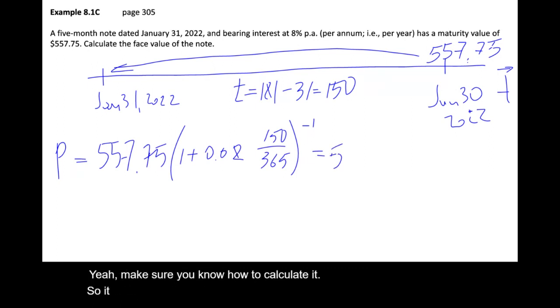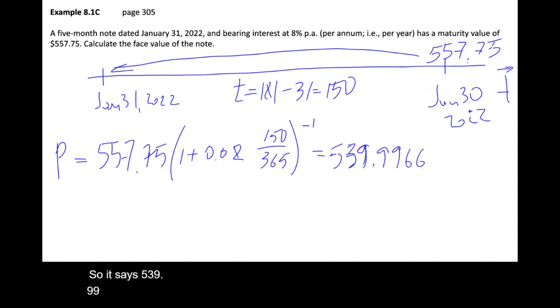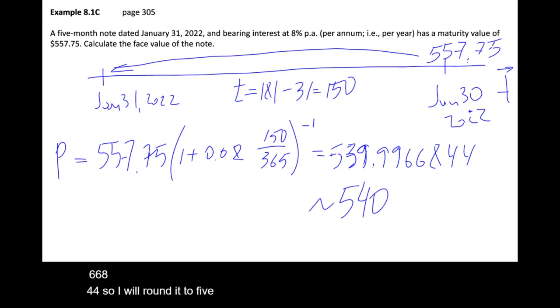So it says 539.99, 66844. So I will round it to $540. Okay, confirm my number, people.